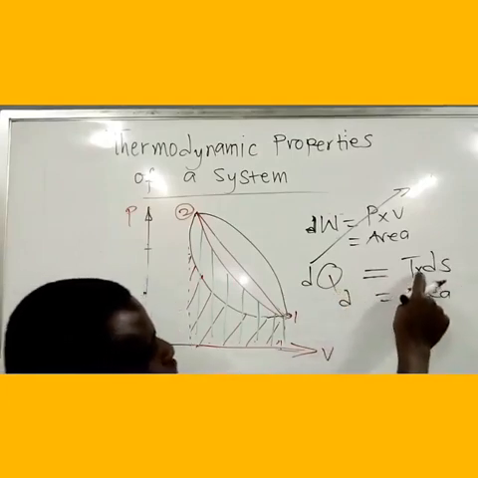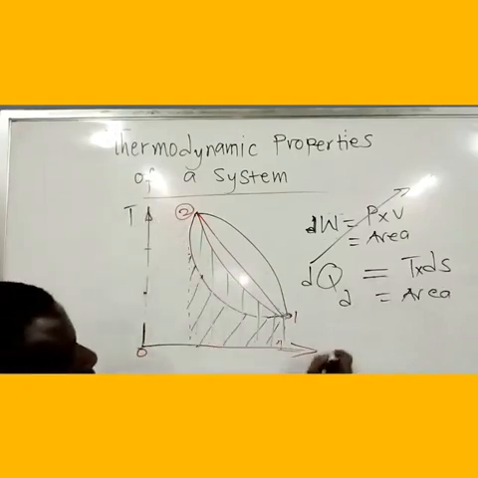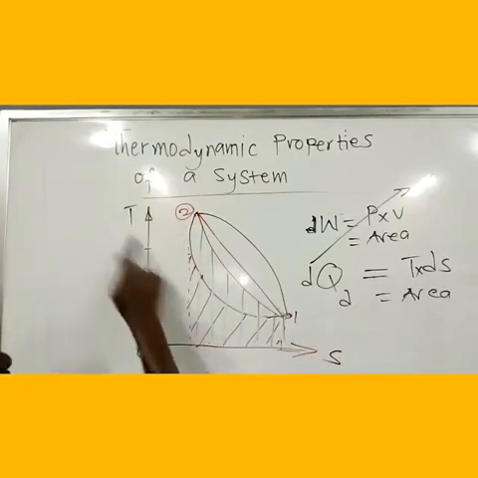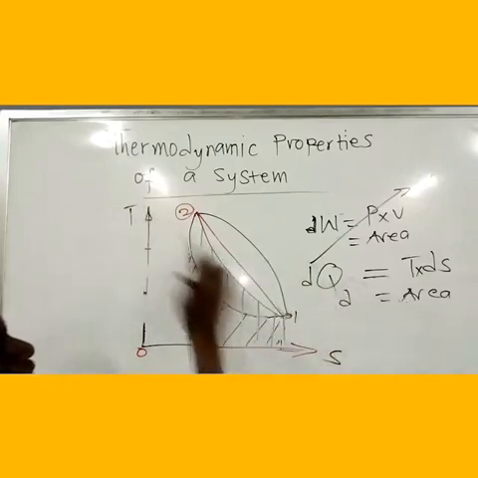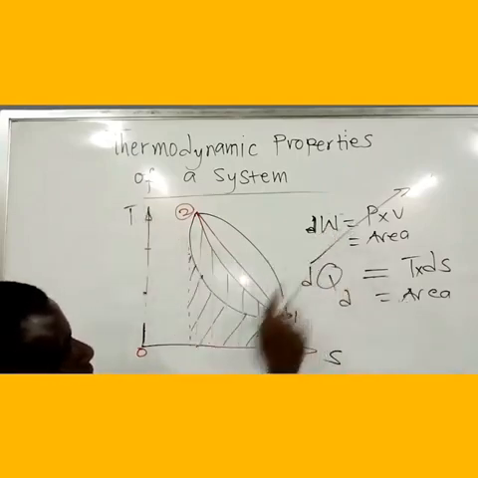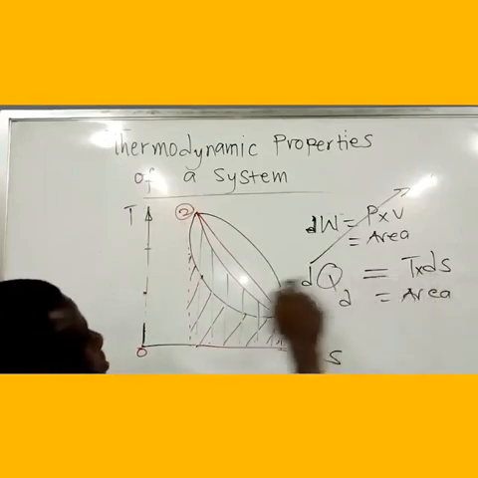So it means that if you draw a graph on a TS diagram, we are going to get heat. On a PV diagram, we'll get work done. On a TS diagram, we'll get heat.